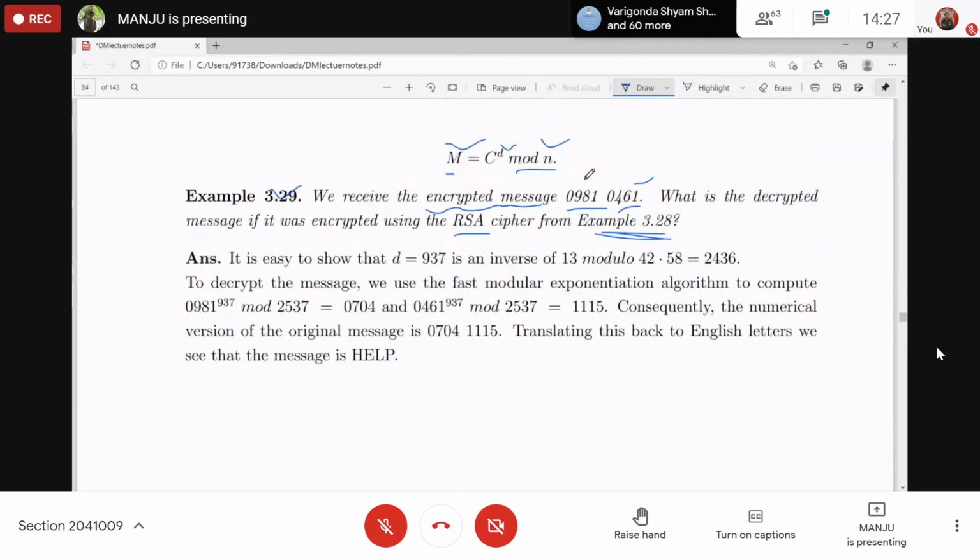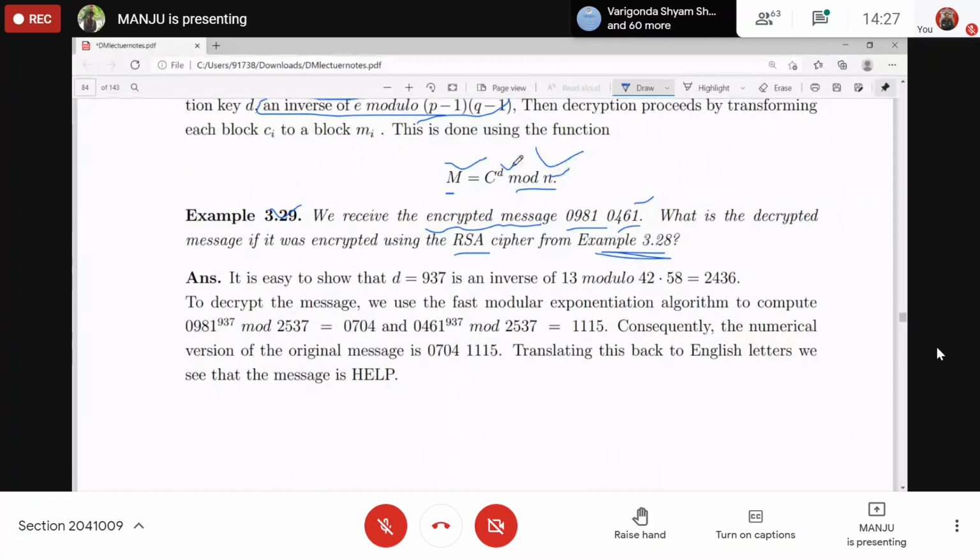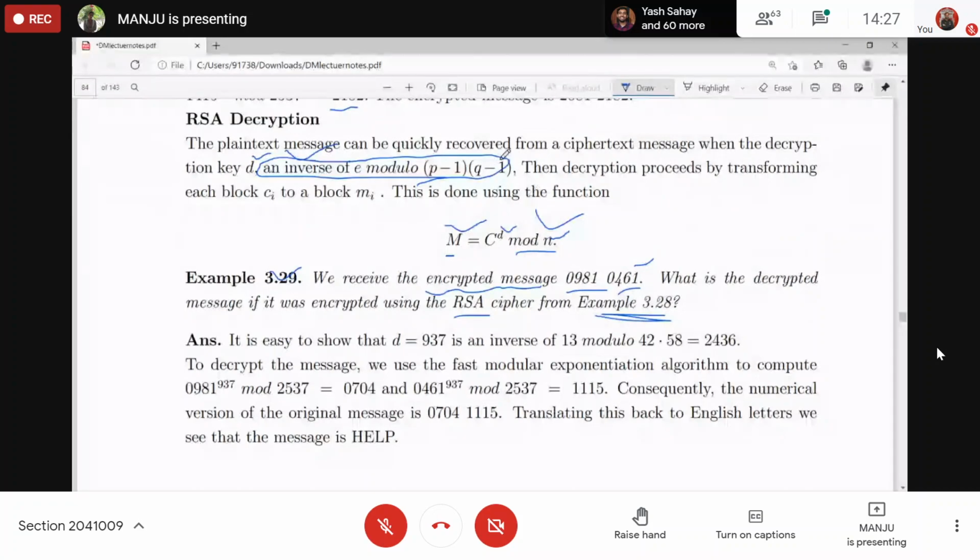So you need the inverse of E, right? What should be the inverse of E? The inverse of E in modulo (P minus 1) into (Q minus 1) you will be using. What is N? N is equal to 43 into 59. So (P minus 1) into (Q minus 1) will be 42 into 58, right?